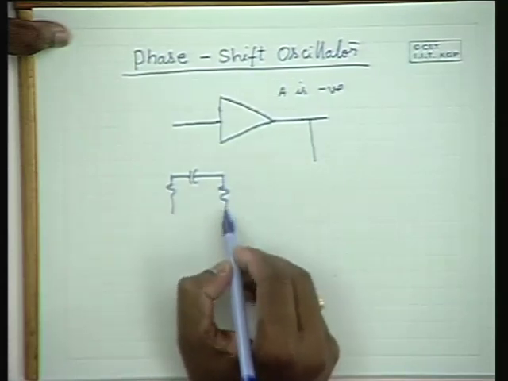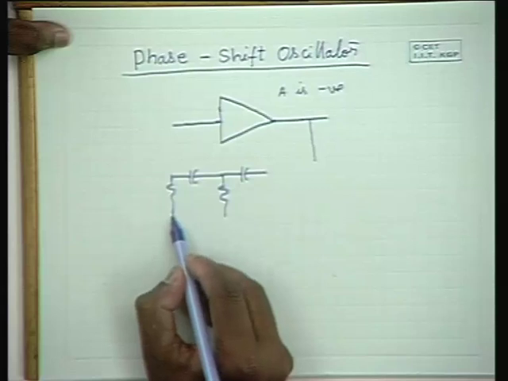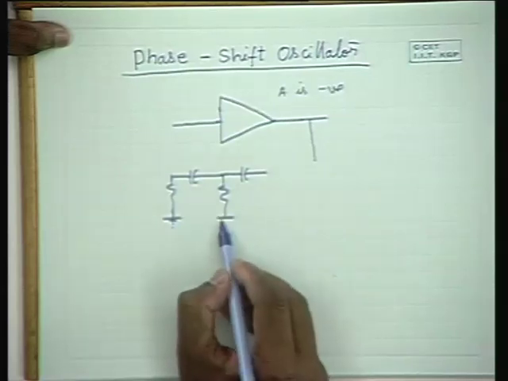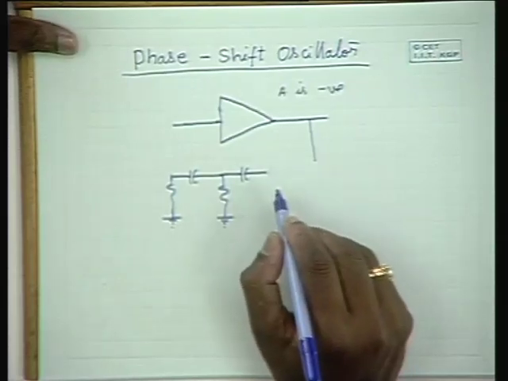And how many RC sections are needed to produce 180 degrees of phase shift? Each RC segment can produce a phase shift of at the most 90 degrees.